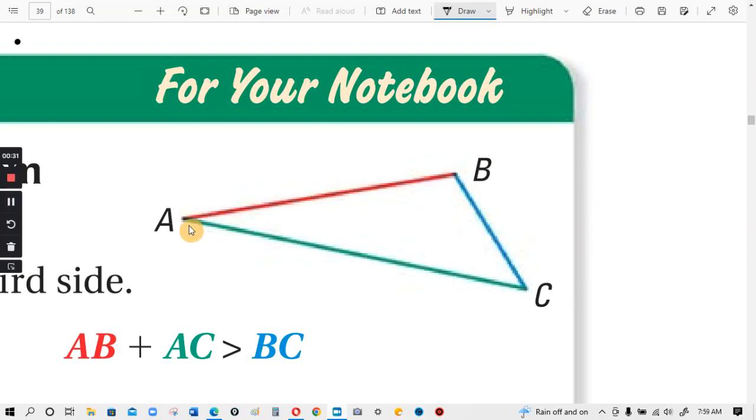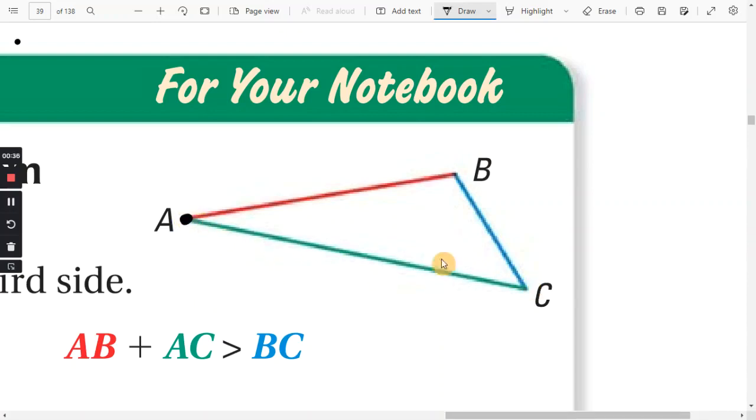So if I wanted to travel from A to C, the shortest distance from A to C would just be that line segment that connects point A and point C. Okay?